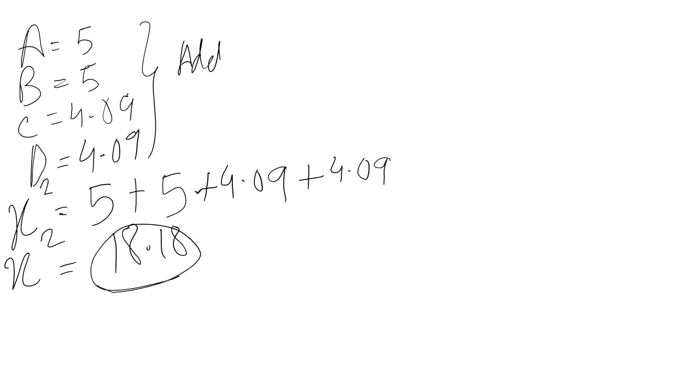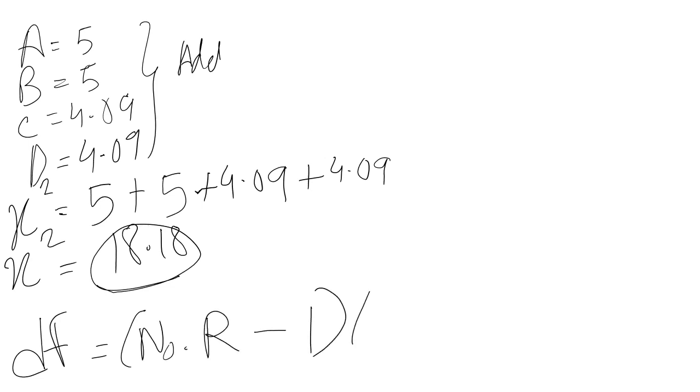Now we have to look at the table value. For a table value, we need to know the degrees of freedom. So the formula for degrees of freedom is number of rows minus 1 into number of columns minus 1.